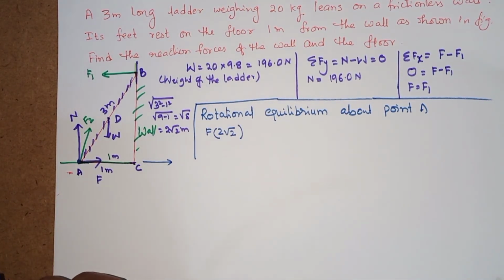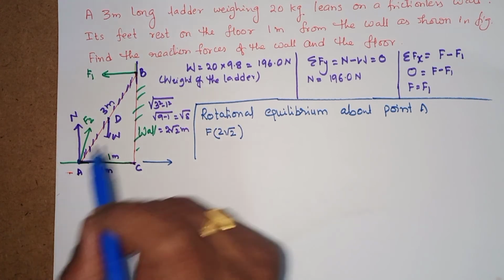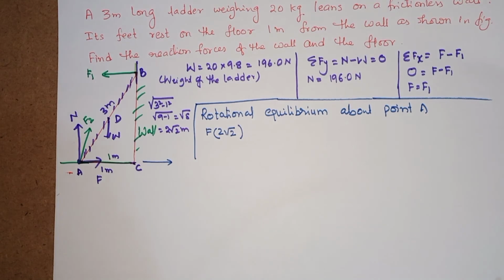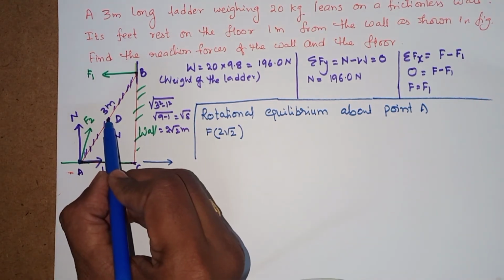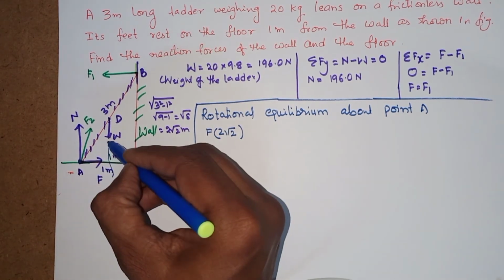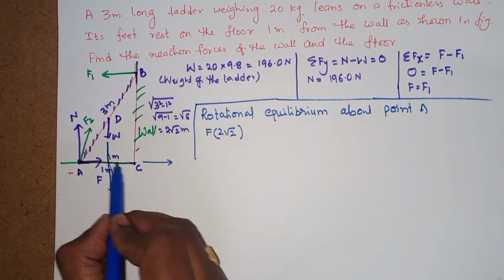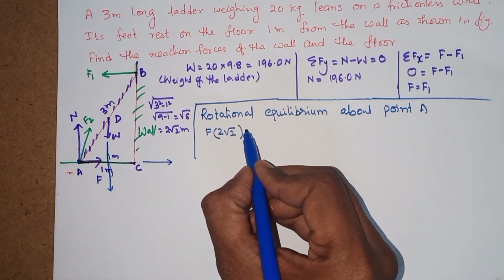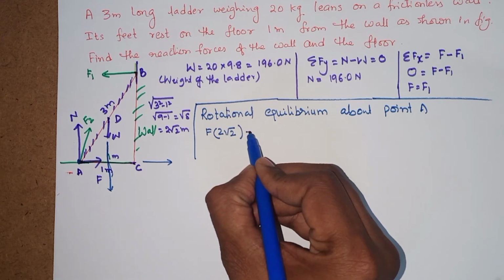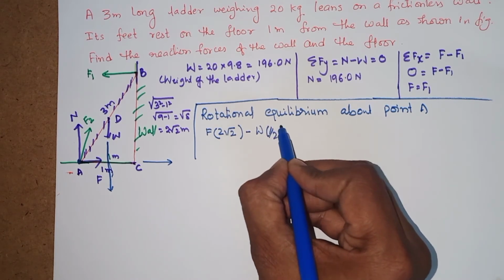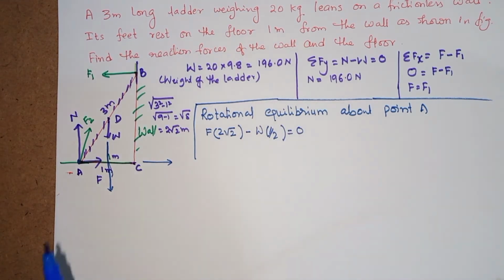And the other force is the weight downward. Now what is the perpendicular distance? For the weight downward, the perpendicular distance is half a meter.